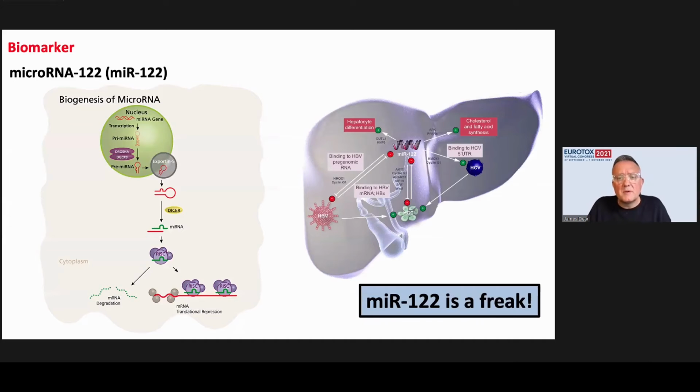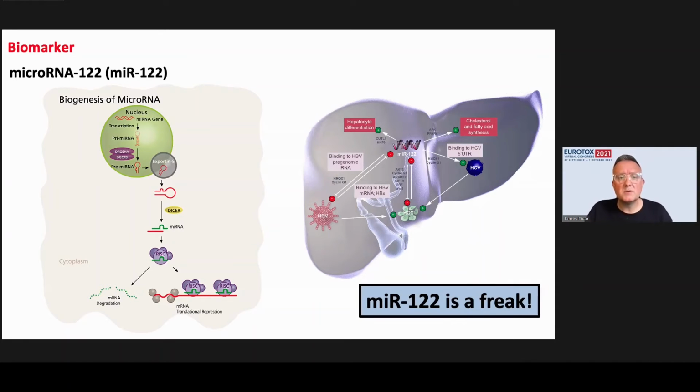So MIR122 will be familiar to many of you, but it's a microRNA. And for those who may not know, microRNAs are short, non-protein coding RNA molecules that regulate other mRNA transcripts and fine-tune the cell and are fundamental to cell processes.